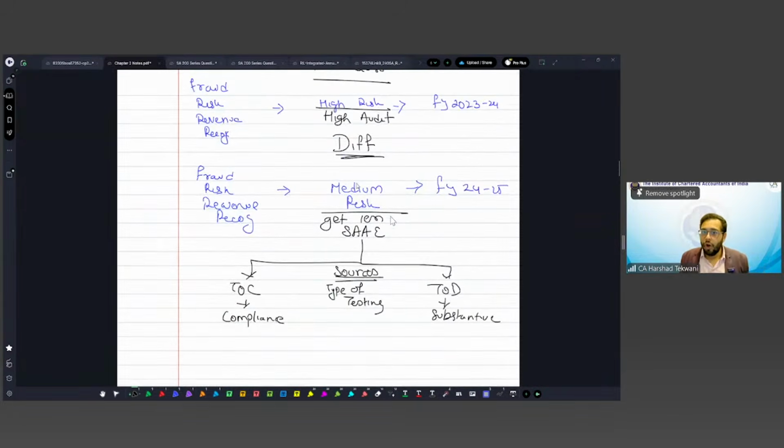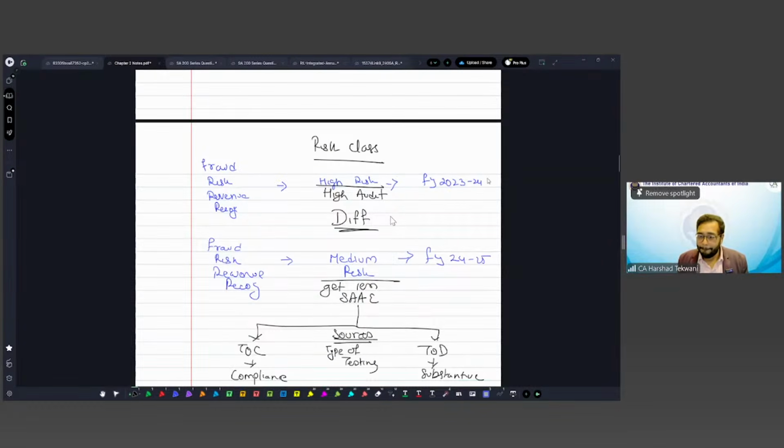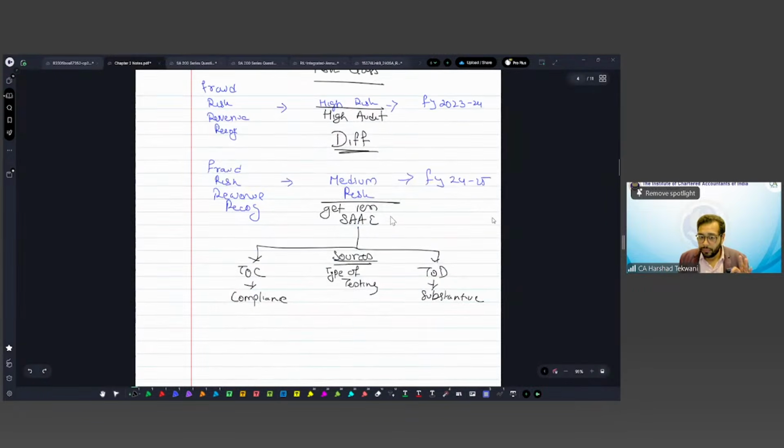The higher the risk, the higher the evidence you need from either test of controls. If you are not able to get the evidence from the test of controls, everything will fall back on the test of details. Basic audit 101. Clear?